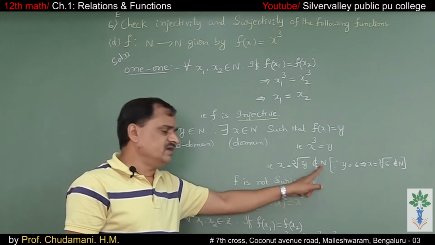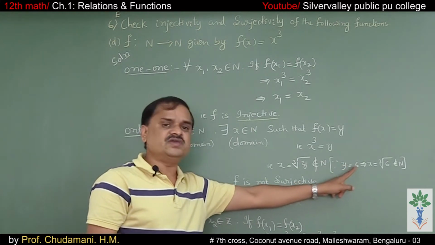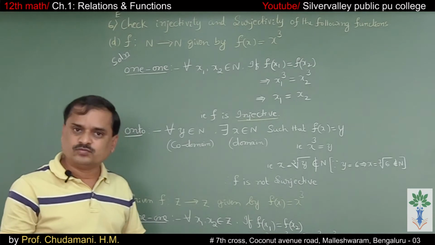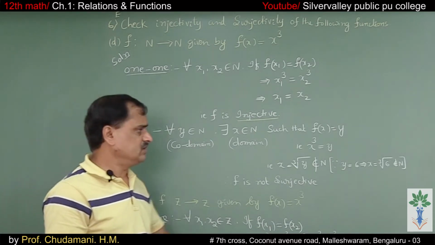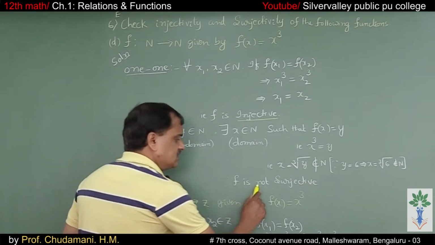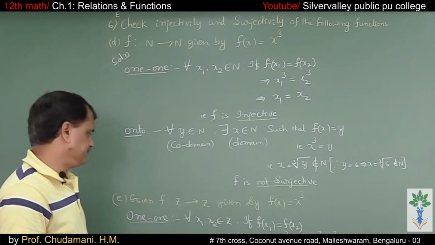Cube root of y does not belong to natural numbers. For example, y equals 6 means x is equal to cube root of 6. Cube root of 6 is not a natural number, does not belong to N. So therefore f is not onto, not surjective.